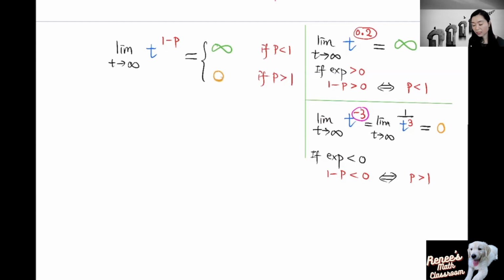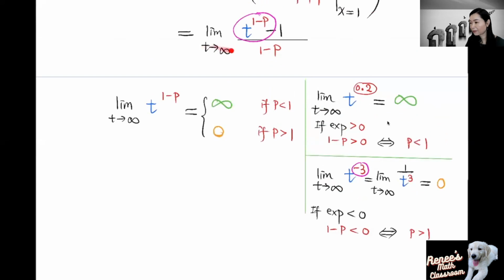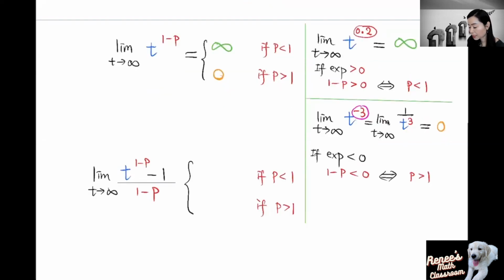So we have that. Now we can use this back in the limit over here. So go back to that limit. There are two cases. The first case is if p is less than 1. The other one is if p is greater than 1. Now if p is less than 1, this part will be going to infinity, so this whole limit will go to infinity.